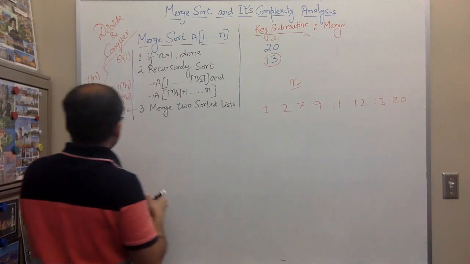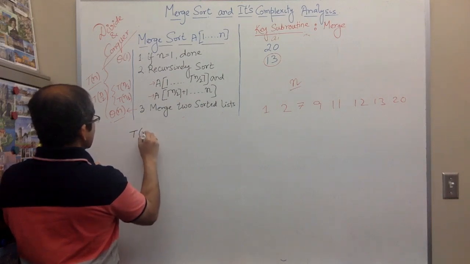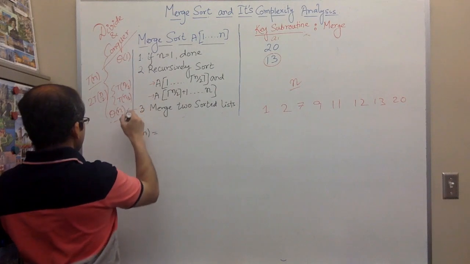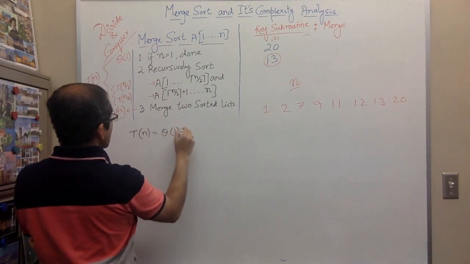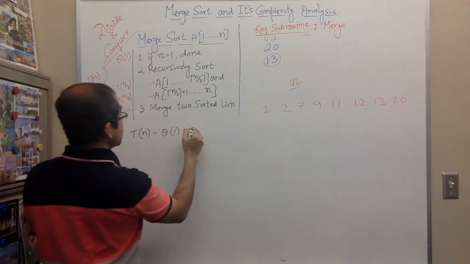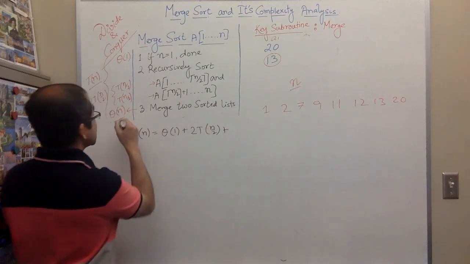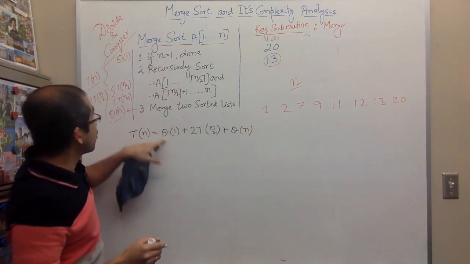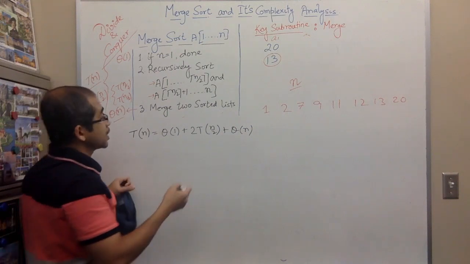So if we say the merge sort's time complexity is T(n), then T(n) is theta of 1 plus 2T(n/2) plus theta of n, three stages. Theta of 1 is for stage 1, when the base case is encountered.